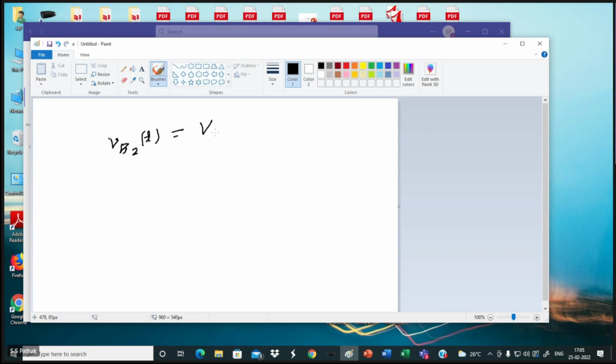Can I write it like that? VCC minus V sigma dash minus VCES. No, VC2 will be like that. Sorry, one second. Yeah, VB2 will be.